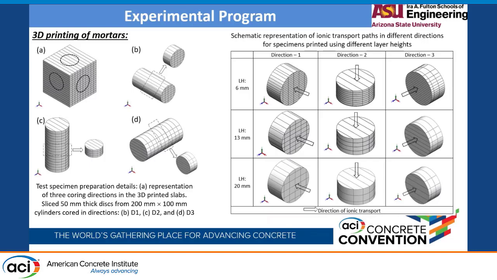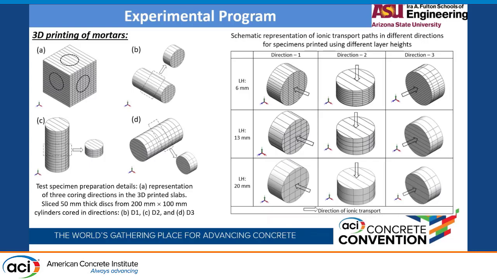So D1 direction in this study is defined as the direction of layer printing. D2 is defined in the direction of layer buildup, and D3 is perpendicular to both the directions. So cylinders were cored out of the specimens in all these three directions, and then the cylinders were sliced to get 50 mm thick slices of discs so that we can use them in the NSSM test.